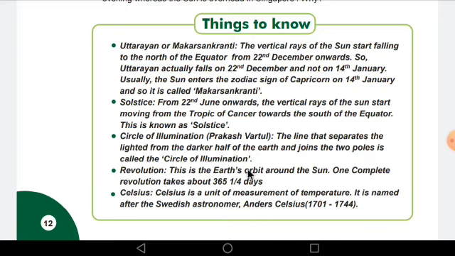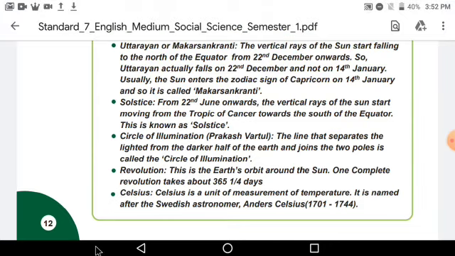Revolution: this is the earth's orbit around the sun. One complete revolution takes about 365 and 1/4 days, that is 365 days plus 6 hours. If you don't know, let me tell you that we usually consider that our earth takes 365 days to complete one revolution, right?